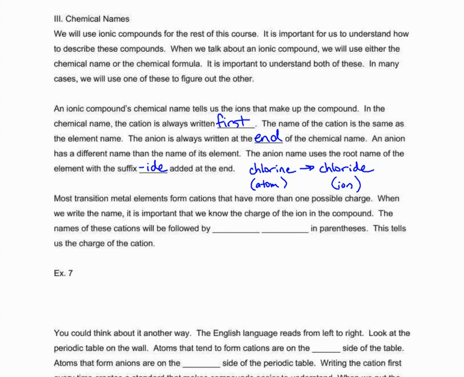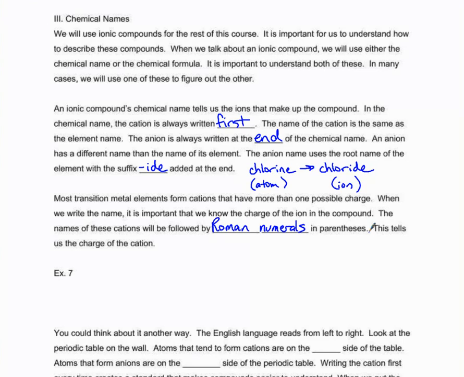Most transition metal elements will form cations, and they have more than one possible charge in most cases. So when we write the name, it's important that we know the charge of the ion in the compound. The names of these transition metal cations will be followed by Roman numerals, and the Roman numerals will be in parentheses after the name of the cation.